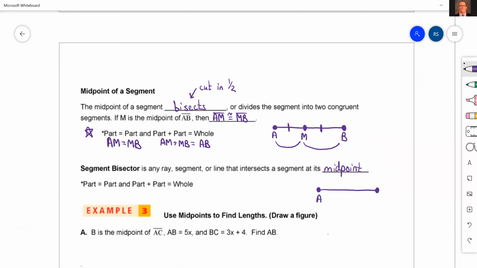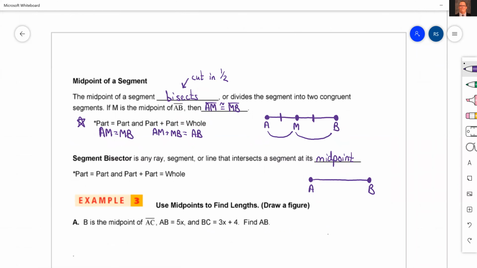Let's say this is A, that's B, and I'm gonna draw a ray right here. That's point C, that's point D. Now, if I'm told that A to C is congruent to C to B, that means that ray CD is a segment bisector.